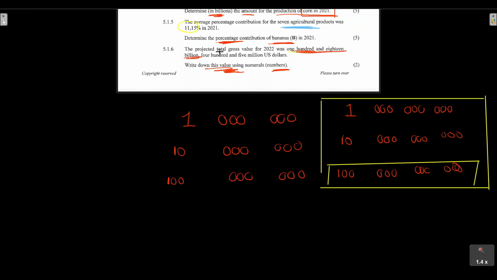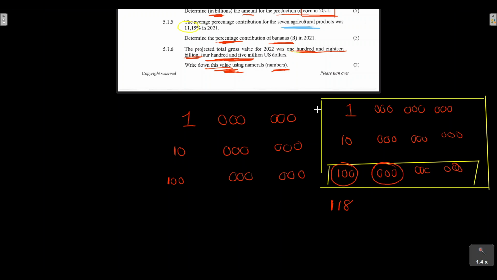We're going to start off with 118 billion. We already know we're in the hundreds place value. So 118 billion. We know that 1 2 3 4 5 6 7 8 9 are the place values that we have open. Then we continue with 405 million. This is the place value for the millions, the 100 millions.